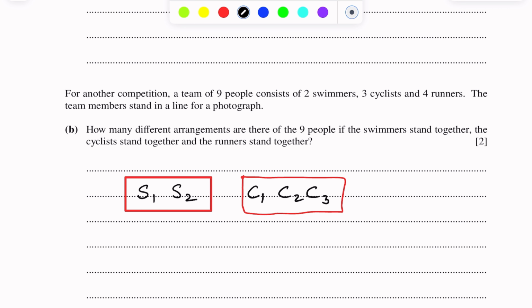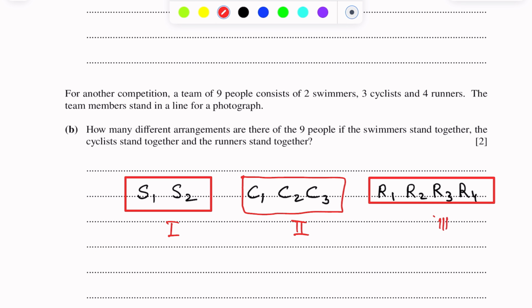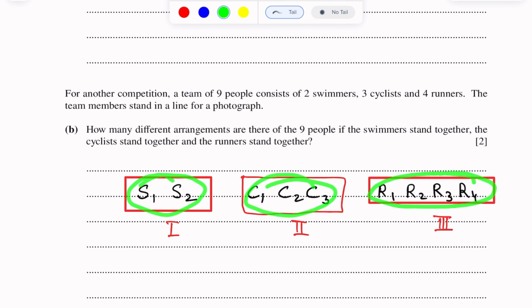There are four runners, so we can write R1, R2, R3, R4. This is the first group, second group, third group. Swimmers are together, cyclists together, runners are together.